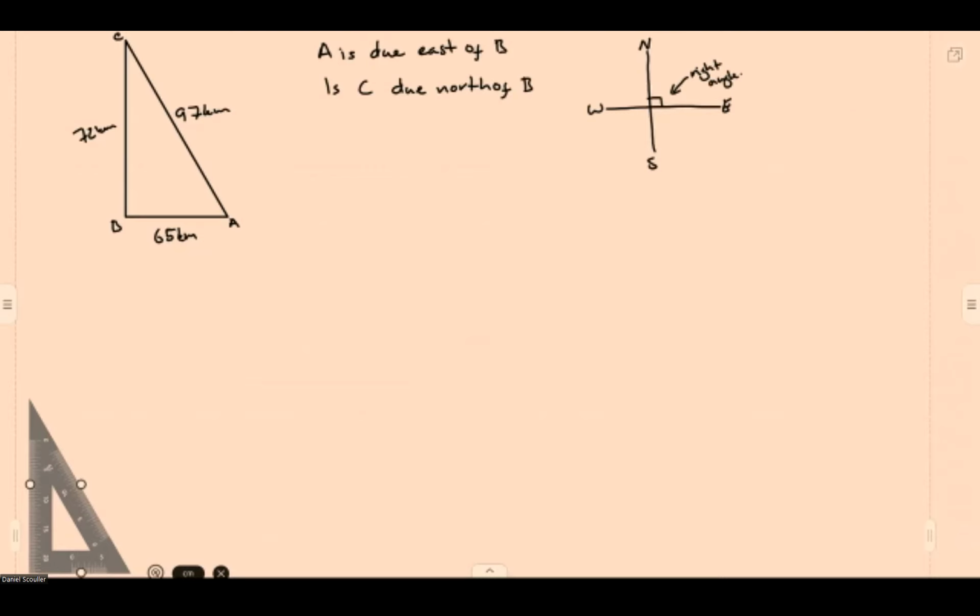So what it's asking you when it's saying C is due north of B? Well, if A is due east of B and C is due north, that would have to be a right angle.